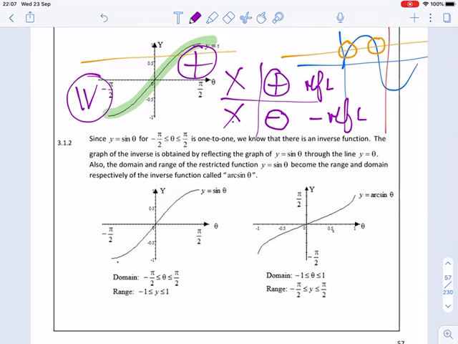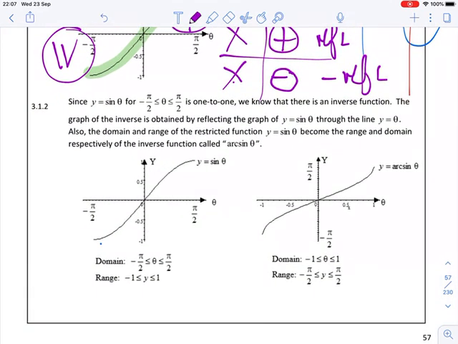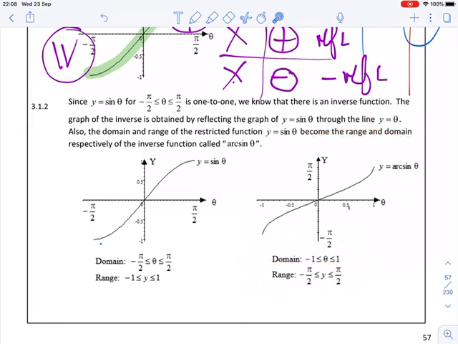The first thing that you will have to be able to do is to draw the graph. And this is definitely going to be a question in your test. We're going to ask you to draw the graph of arcsine and also to give us the domain and the range. So you will have to draw the graph plus give us the domain and the range.